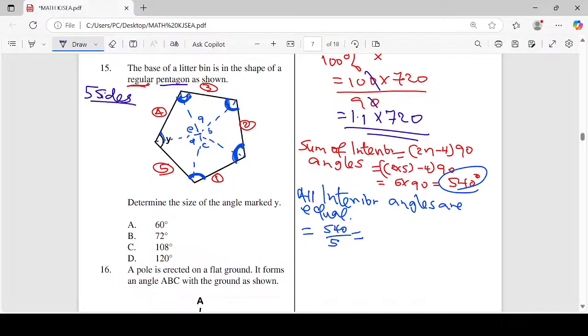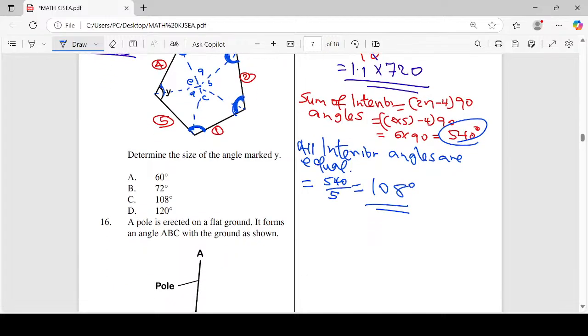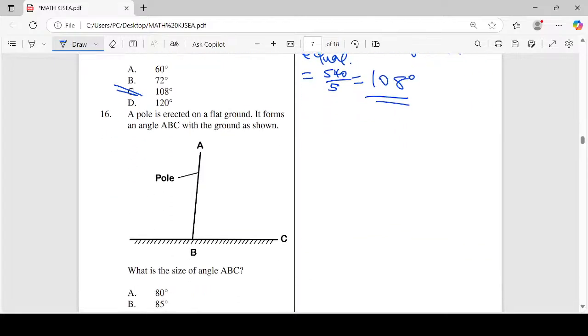In my calculator, I'm going to get 108 degrees. So I come into my choices and look for 108. I can see choice C as 108.